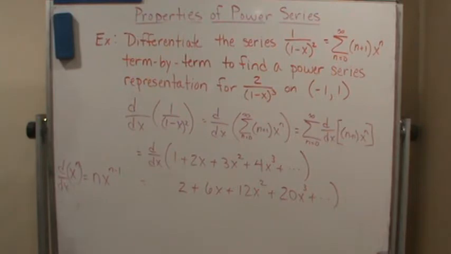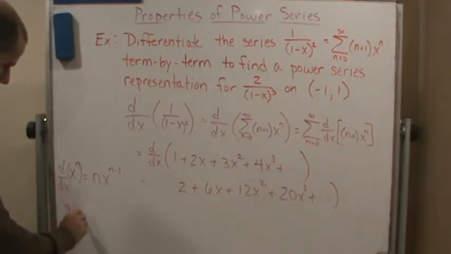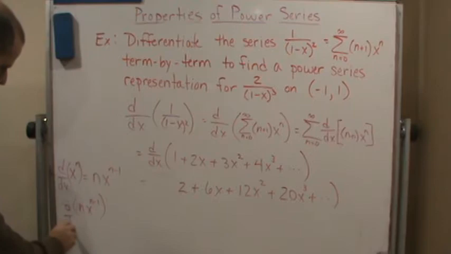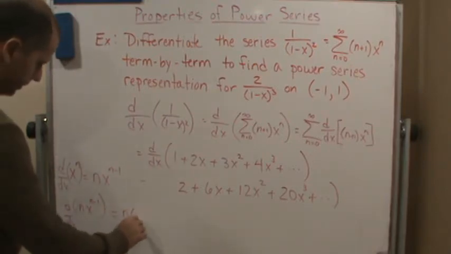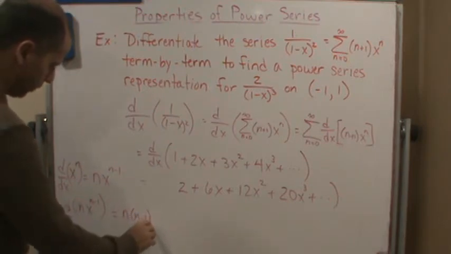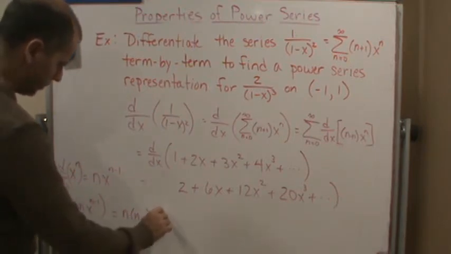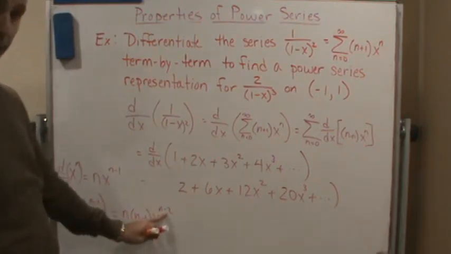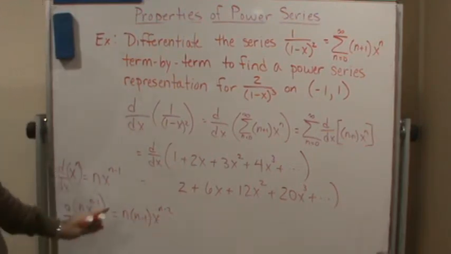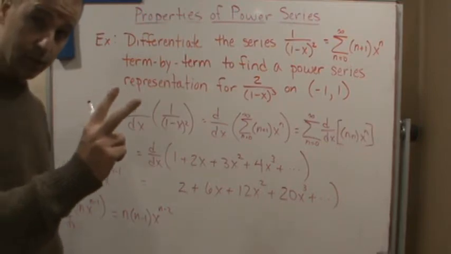Now, what if I do that again? What if I take the derivative of n x to the n minus 1 with respect to x? Well, that's going to give me n times n minus 1 times x to the n minus 2. But notice I can't have negative exponents. So the first two terms go away.